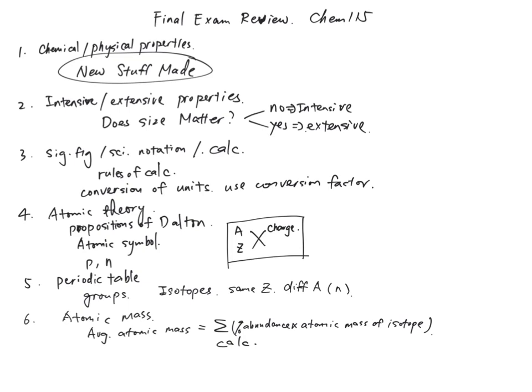Or if you're given, let's say I have 3 different isotopes, I'm given the average atomic mass, and I'm given 2 of the 3 isotopes' atomic masses and percentages, can you figure out the third isotope's atomic mass? All of that is coming from the same equation. Just set it up. And after that, we go into the mole concept.